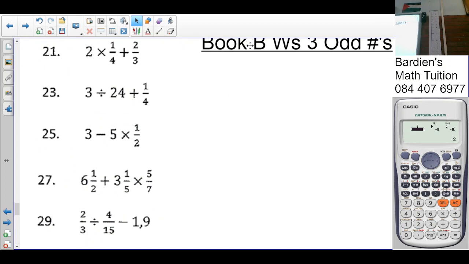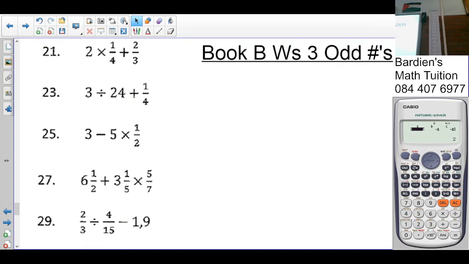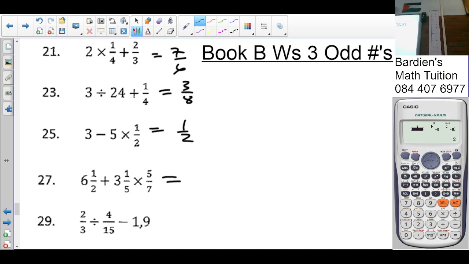Number 21. What do you get for 21? 7 over 6, yes. Say it collectively, so at the same time I can hear which one you are getting wrong. Number 23? 3 over 8 is correct. The next one? 1 over 2 is correct. The next one? 123 over 14.